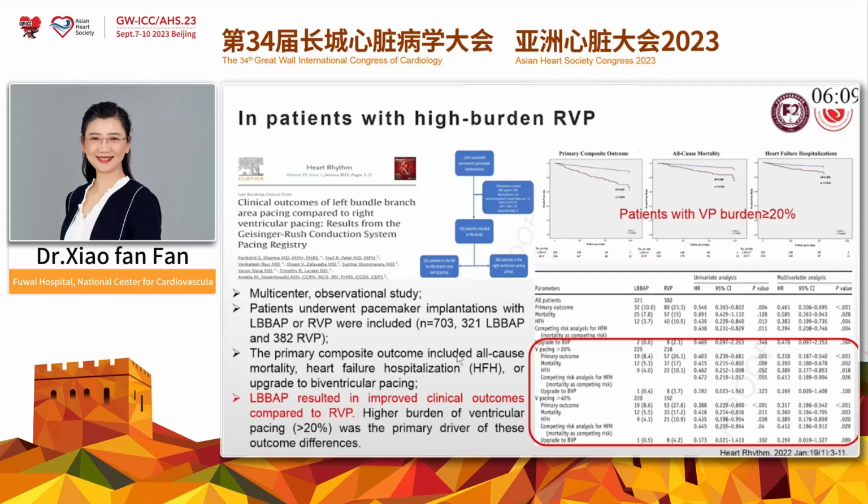This large sample, and they found LBBAP could result in improved clinical outcomes, including the all-cause mortality and the heart failure hospitalization. The primary endpoint was the composite of all-cause mortality and heart failure rehospitalization. And this result is more significant in patients with a VP% more than 20%.